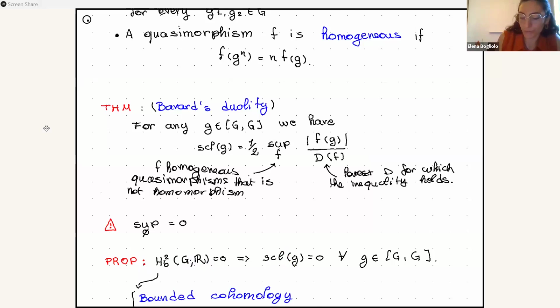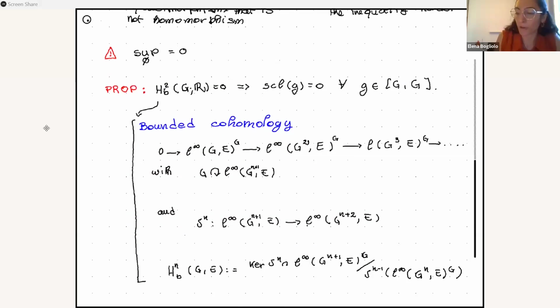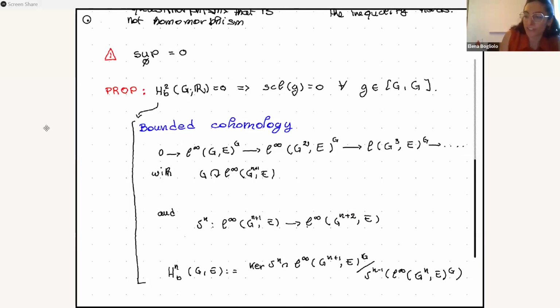For those who are not familiar with the definition, bounded cohomology is an analytic invariant that is similar to group cohomology, but instead of taking all the G-invariant functions, we only take the bounded ones with respect to the supremum norm.